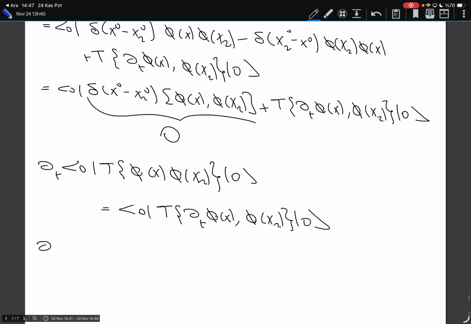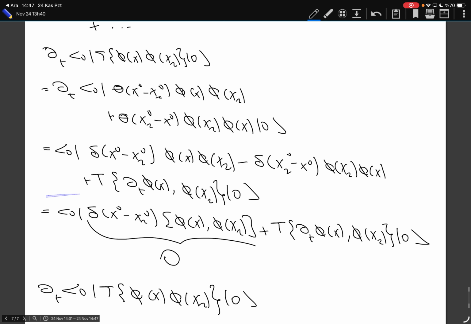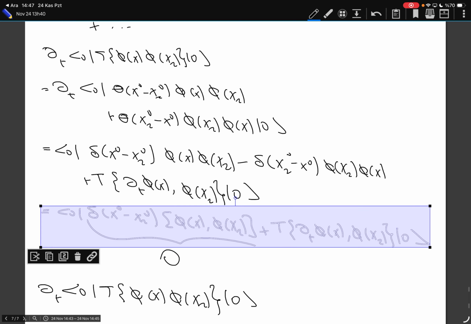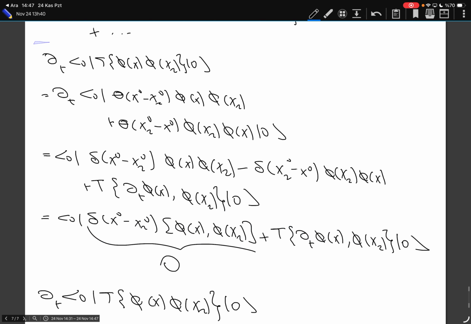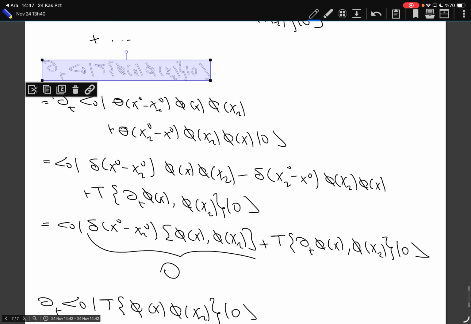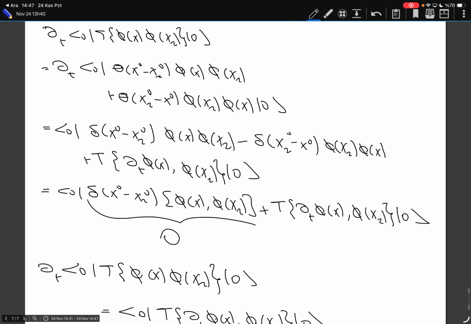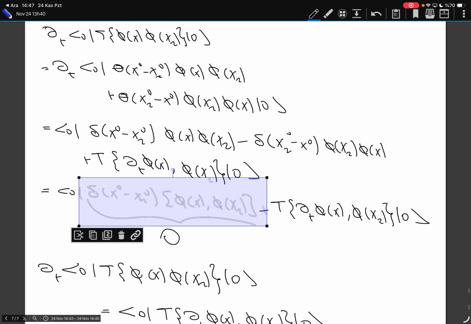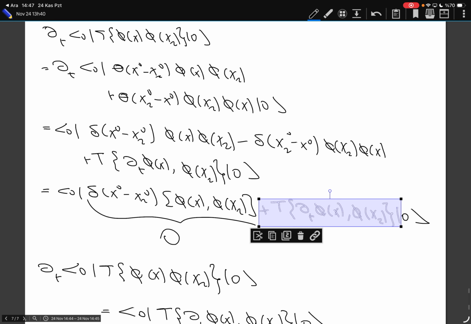Now I will take the second derivative. Well, you see, what I had shown up to here is, in fact, if you have a time derivative of a time-ordered product, you get the equal time commutator in addition to what you would get if the time ordering was not there. That is what I will use.